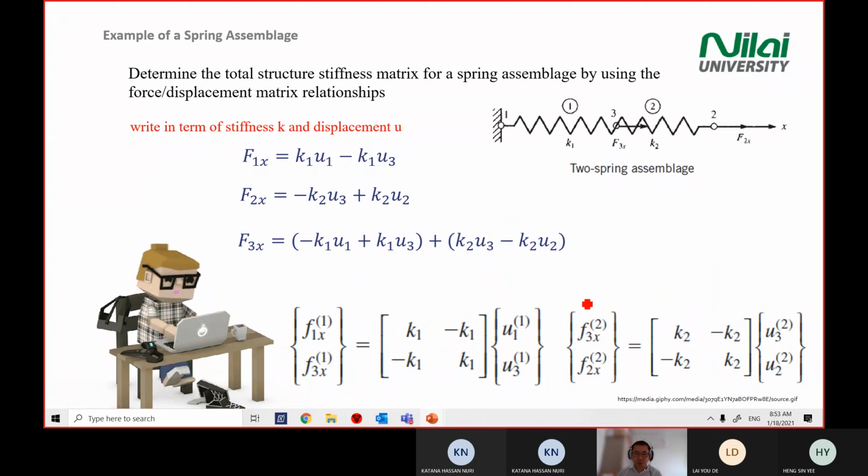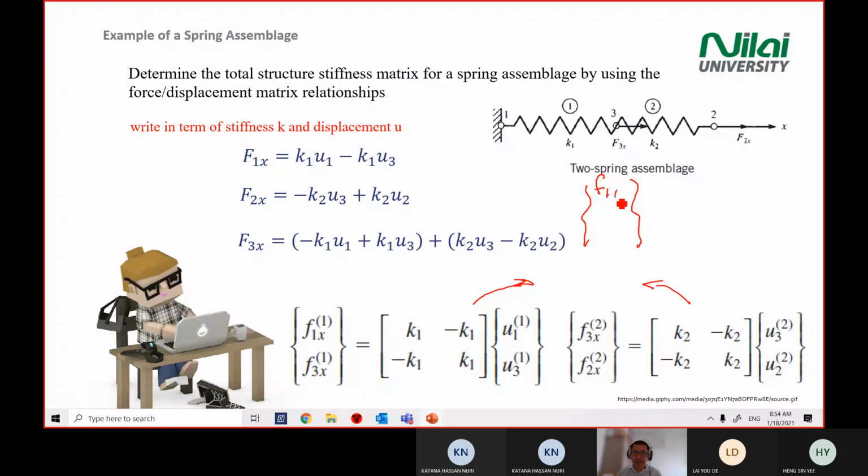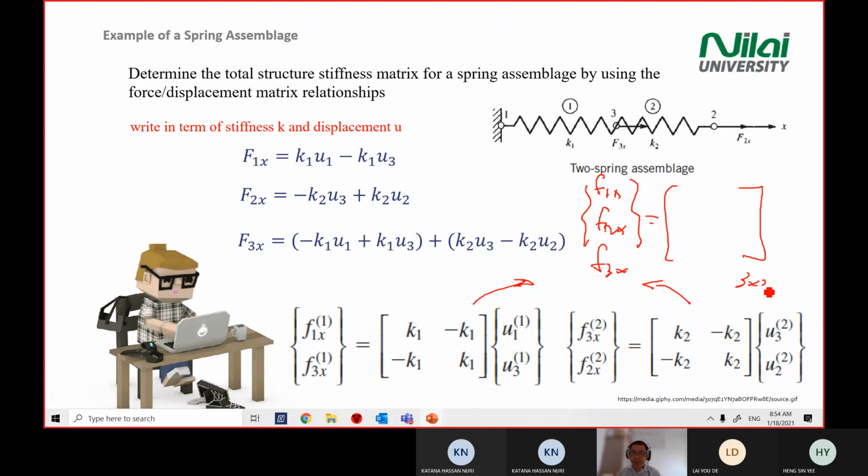Actually, if you're good in matrix, we actually want to combine these two matrices into one matrix. And then we know that if you have three forces on the left, you will get a 3 times 3 matrix. And then the displacements here, you will have U1, U2, U3.